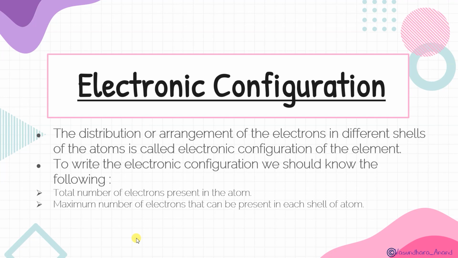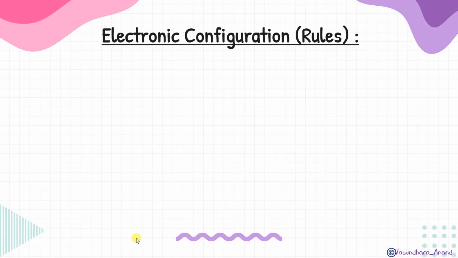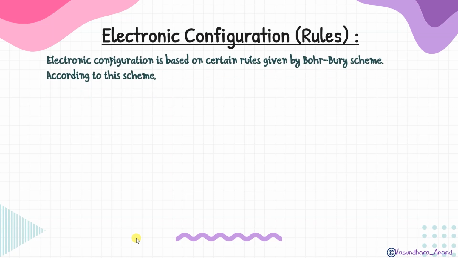Second, the maximum number of electrons that can be present in each shell of the atom. That is very important. You have to learn that. You should know the maximum number of electrons which can be present in any shell of the atom. The electronic configuration is based on certain rules given by the Bohr-Bury scheme.